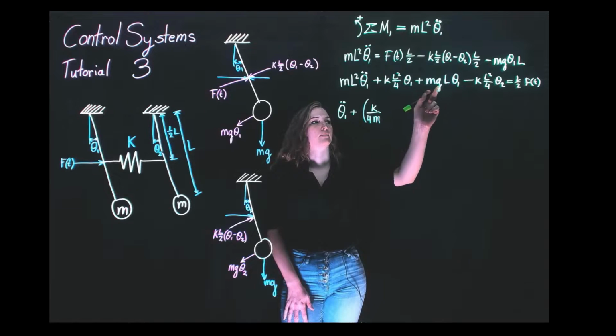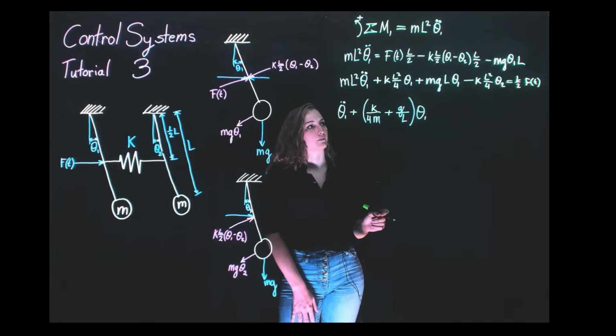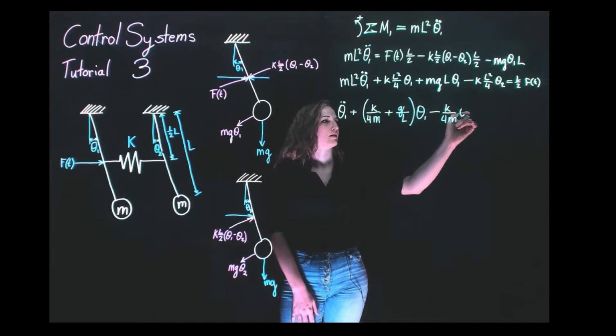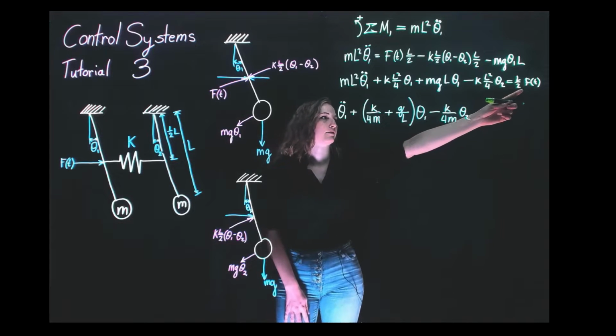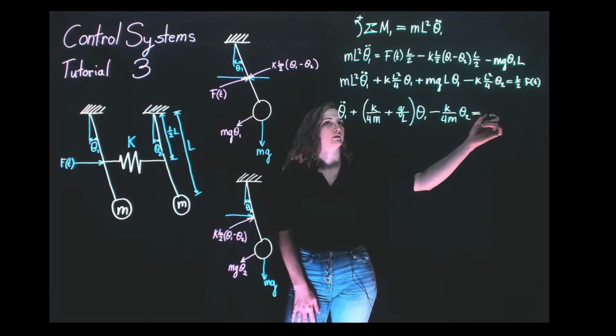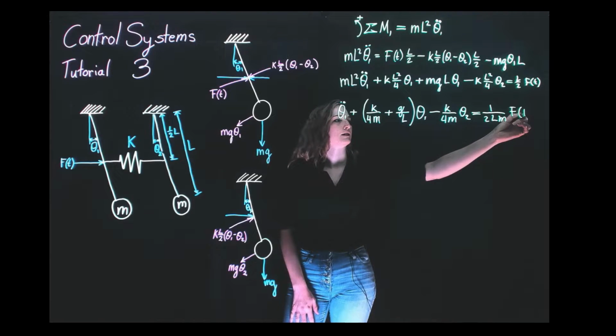That's times theta 1, but first I want to add. We get g over L theta 1. And then we also have to do this next term, so we get minus k over 4m theta 2. And finally, our input on the right-hand side, where we have 1 over 2lm f of t.